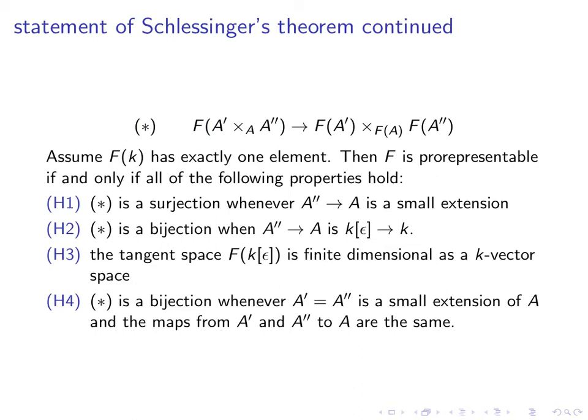For example, this map star is a surjection whenever we've got a small extension, and a bijection when we've got a specific extension over here, and a bijection in some other case. So this is kind of where the motivation may be for this idea of formally cohesive functor. Remember, that's where a map analogous to star is a weak equivalence.